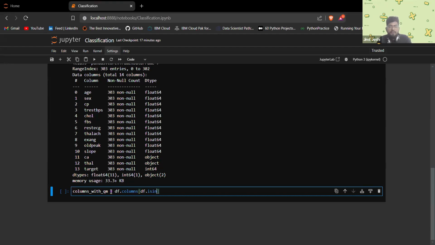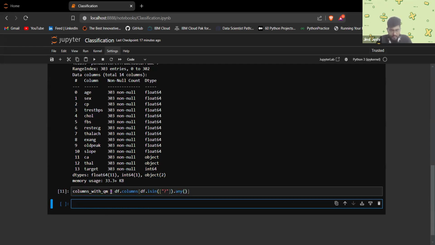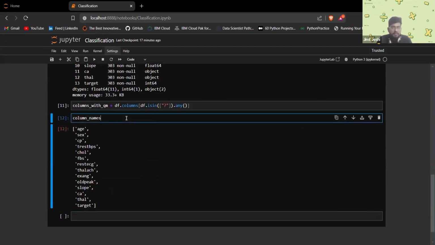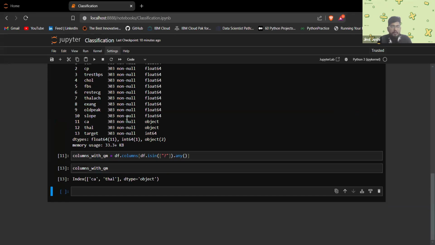So if any of the columns have these values, we will get the names of all those columns. Able to see, there are two columns over here which have this kind of value, right?